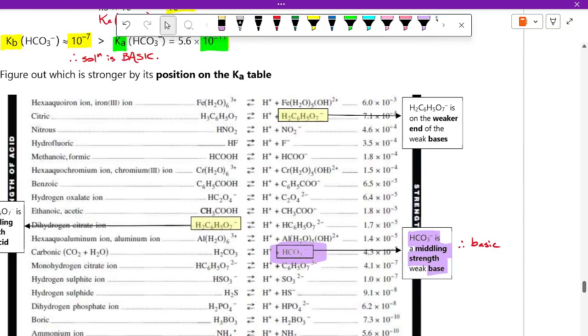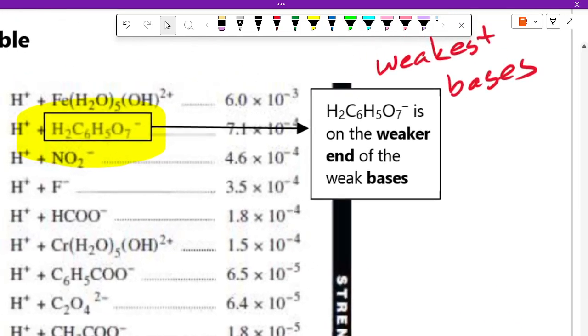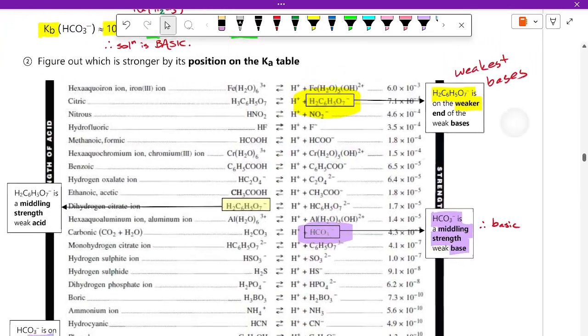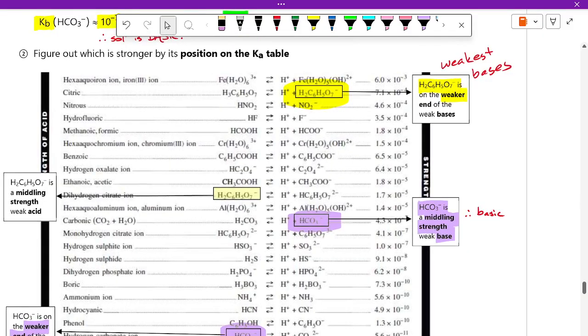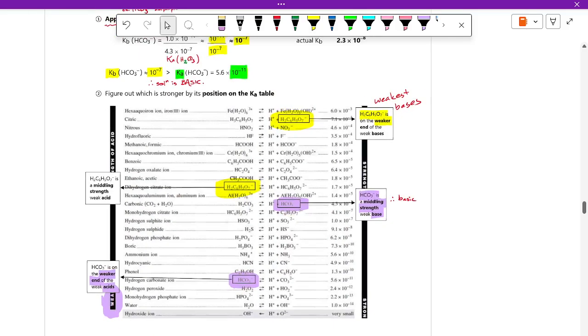If we were doing the one we just looked at mathematically, we have our H2C6H5O7. Up here on our bases, right up here is our weakest bases. And so H2C6H5O7 is on the weaker end of the bases. But when it's as an acid, it's kind of in the middle.